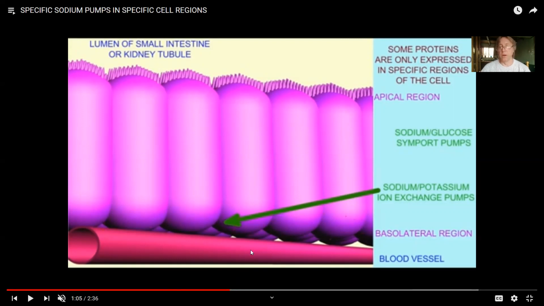All right, now, because of how much energy is spent to do this, a cell may spend 40% of its resting energy budget on sodium-potassium exchange pumps. It's not surprising now that there is this gradient of sodium going from the lumen into the blood.